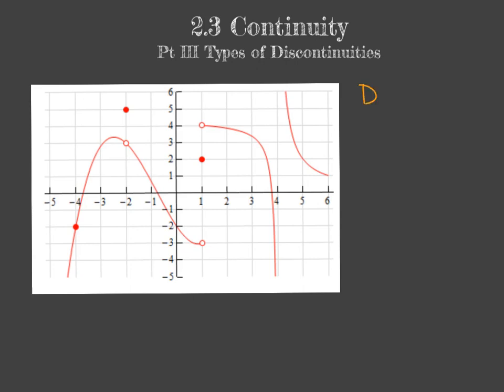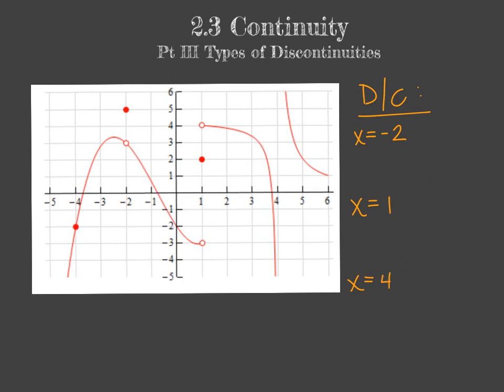So our discontinuities are going to exist at x equals negative 2. Our second discontinuity will exist here at x is 1. And our next discontinuity exists when x is 4. Those are the 3 on here.